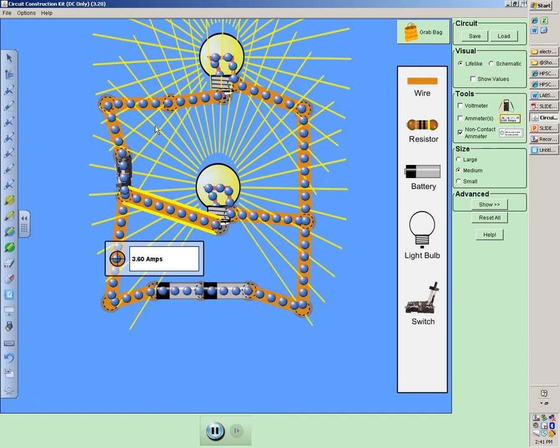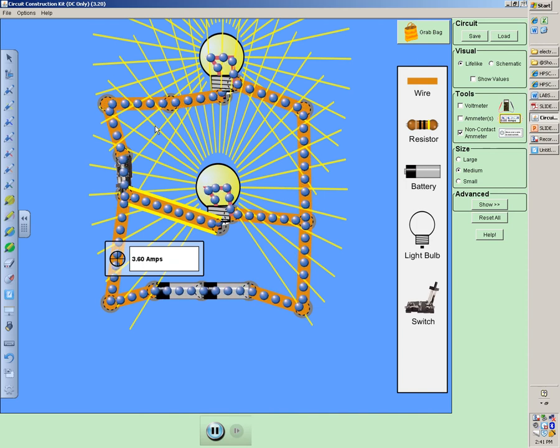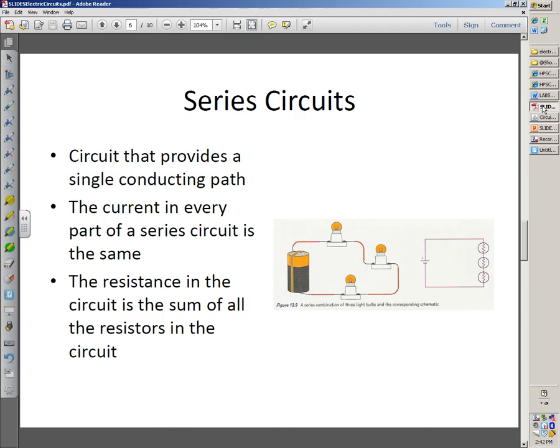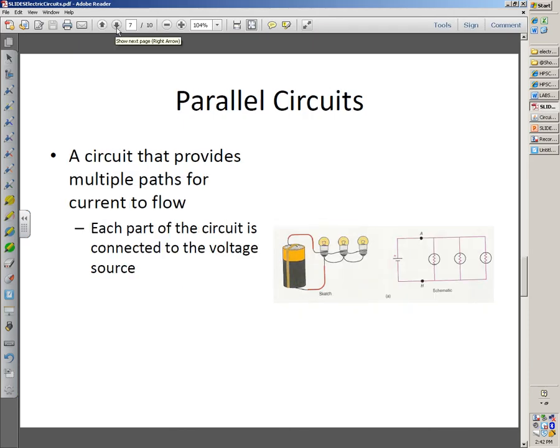So far, this circuit with the two light bulbs is obviously different than the last circuit with the two light bulbs, right? This is what we call a parallel circuit, okay? The thing that makes the parallel circuit different from the series circuit: a parallel circuit provides multiple paths for charges to flow.